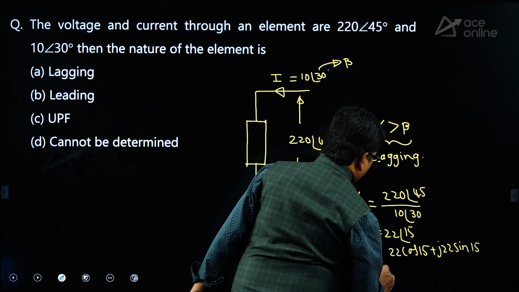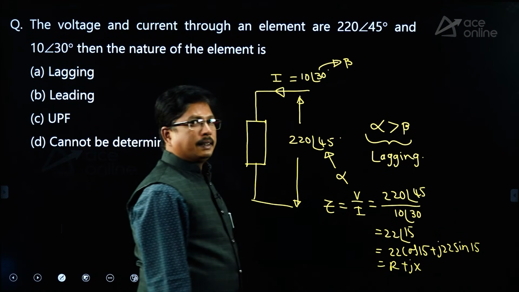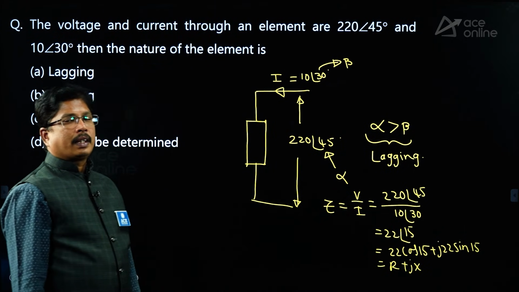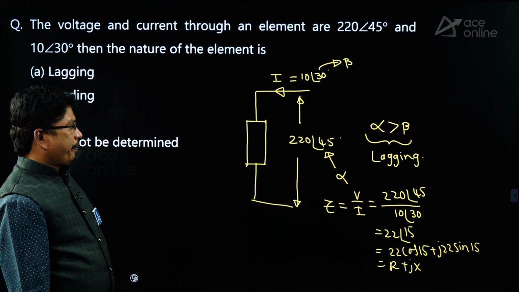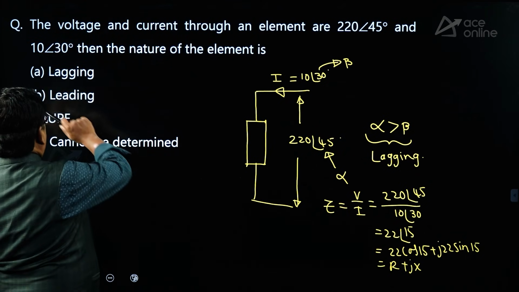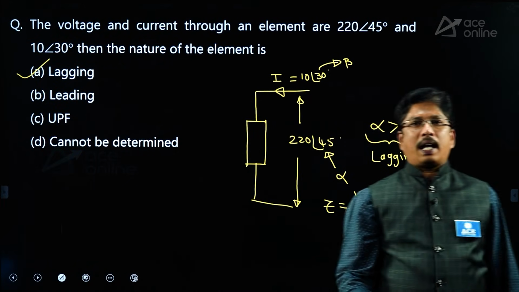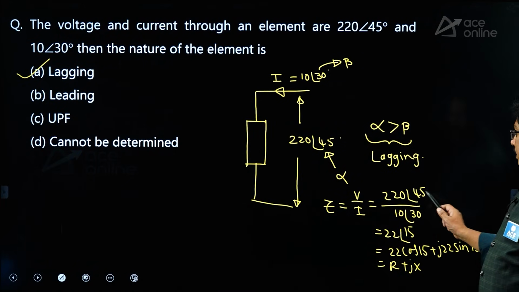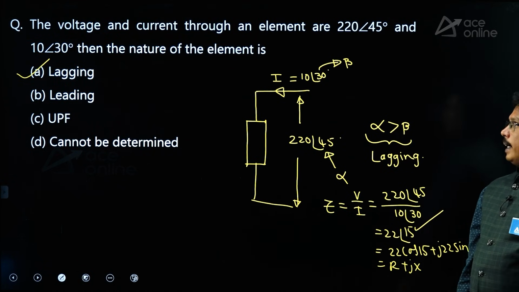It is in the form of R plus jX. When an element is in the form of R plus jX, it is called an inductive element. Whenever an element is in the form of R minus jX, that is a capacitive element. So, it is an inductive element, that is a lagging element. Current lags the voltage by an angle of alpha minus beta, that is 15 degrees. 15 degrees is the power factor angle.